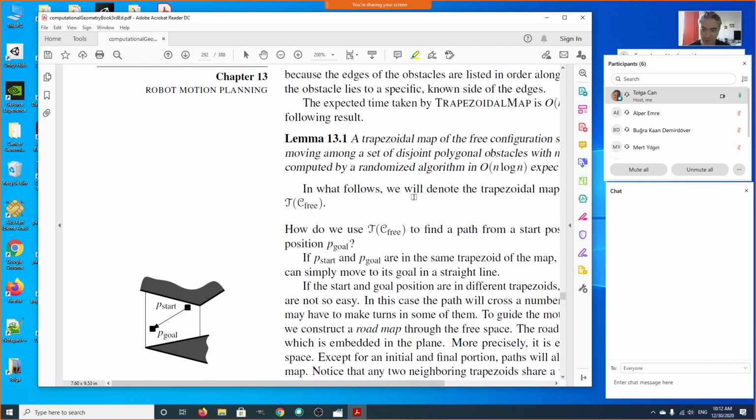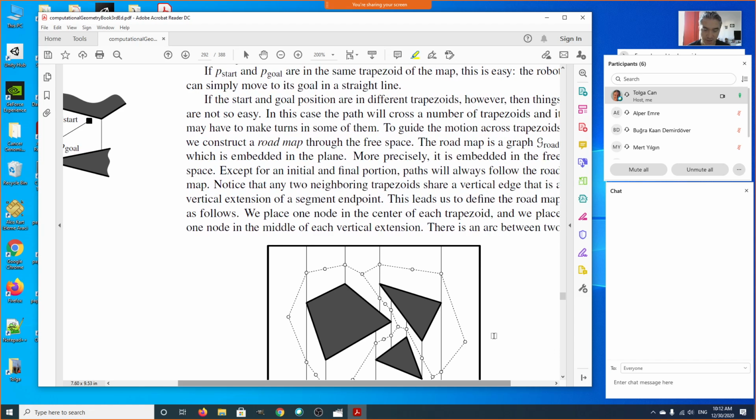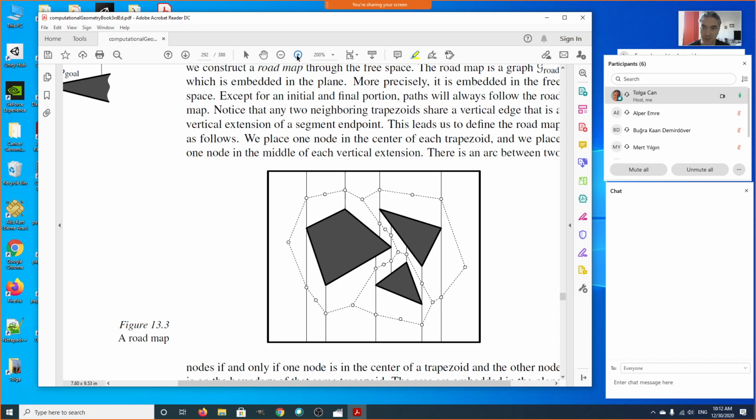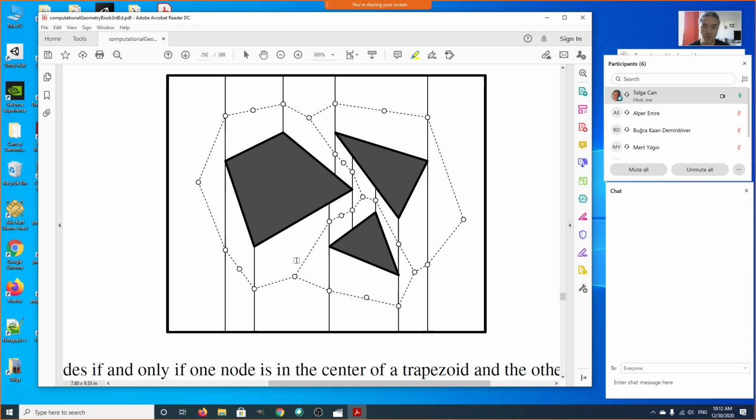All right, so here is what we are going to do. This is the graph that we're building. Here are the rules. We have the trapezoids themselves. You see the dashed line segments here are the edges of the graph, and in the book's terminology, or in graph theoretic terminology, they're also called arcs.